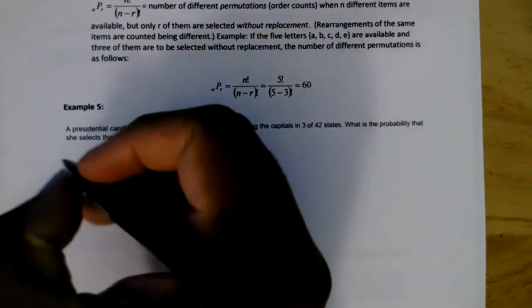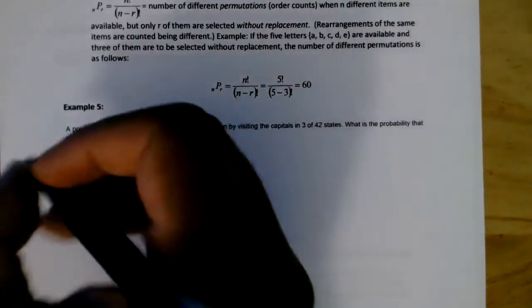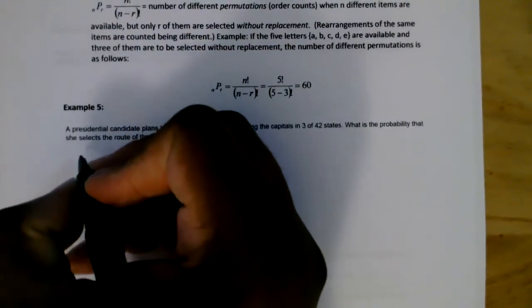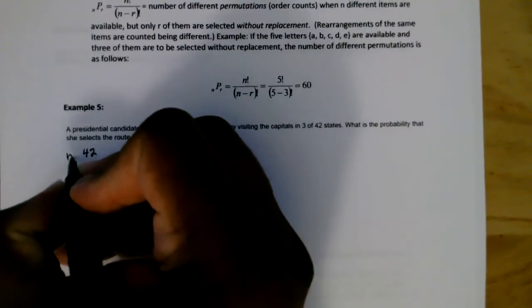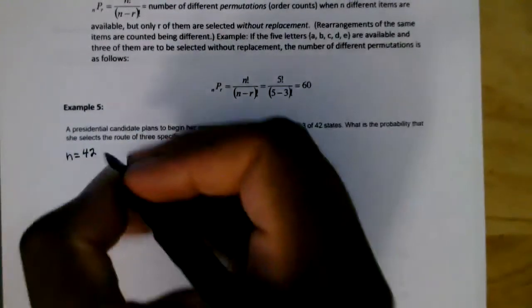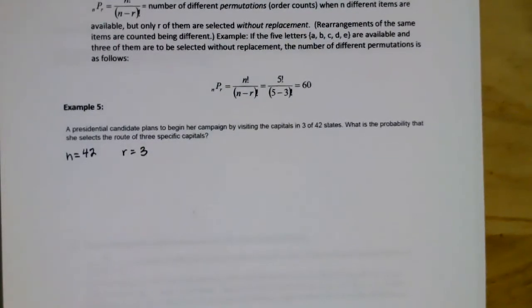Okay, so in this case here, she's visiting 3 capitals of 42 states. That's your n. n is 42. And she's choosing 3. So r will be 3. Now she selects the route of 3 specific capitals. What would be the probability of that happening?